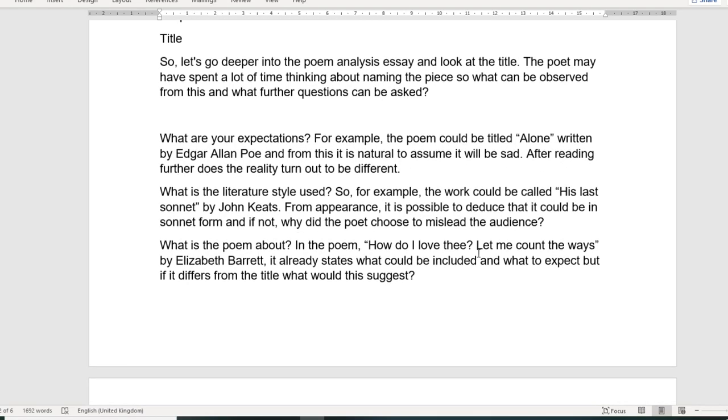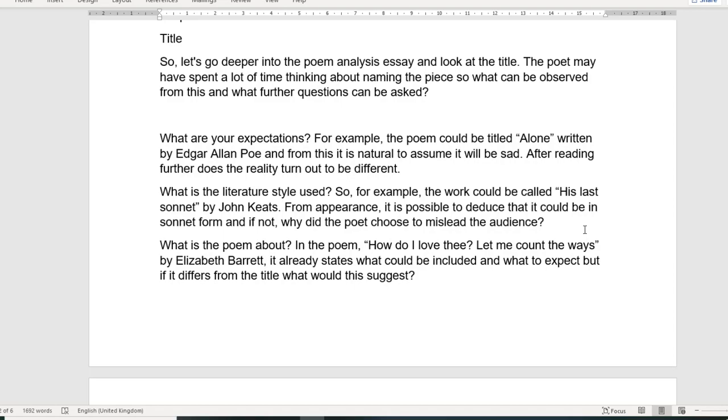Okay, and then what is the literary style used for? For example, the work could be called His Last Sonnet by John Keats. If we're looking at the literary style, from the appearance it is possible to deduce that it could be in sonnet form, or if not, why did the poet choose to mislead the audience?